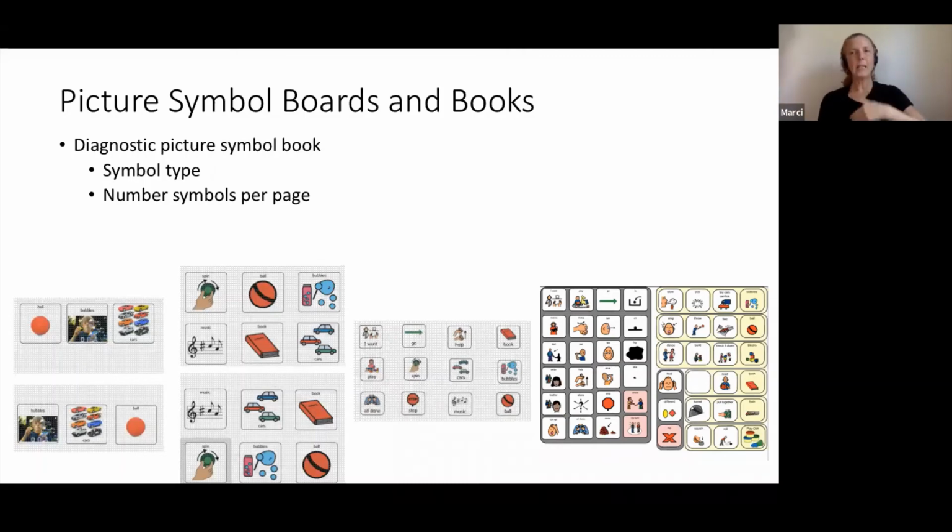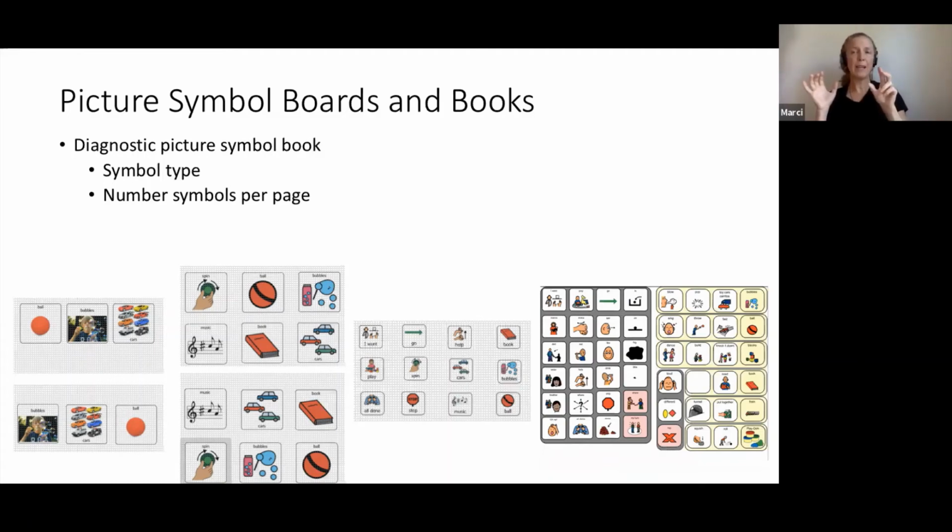And I can quickly go through this book to get a sense of where the cognitive load is too much for a child. So they've picked the car, I've got their attention, I've got their motivation, and now I'm going to start to introduce symbols just to see if they can find the car picture in a field of 3. Can they find it in 6? Can they find it in 12? Can they find it in 24?